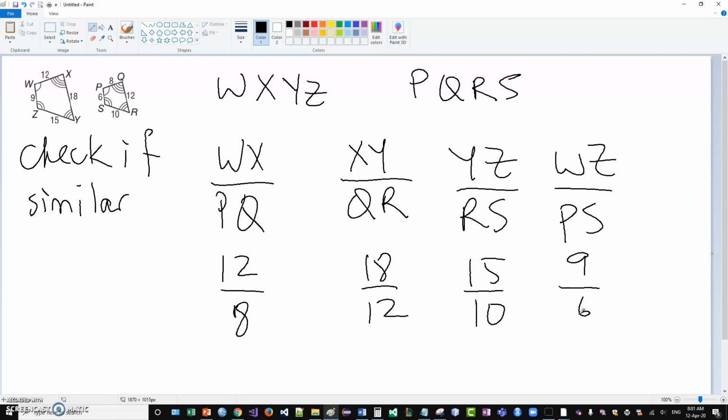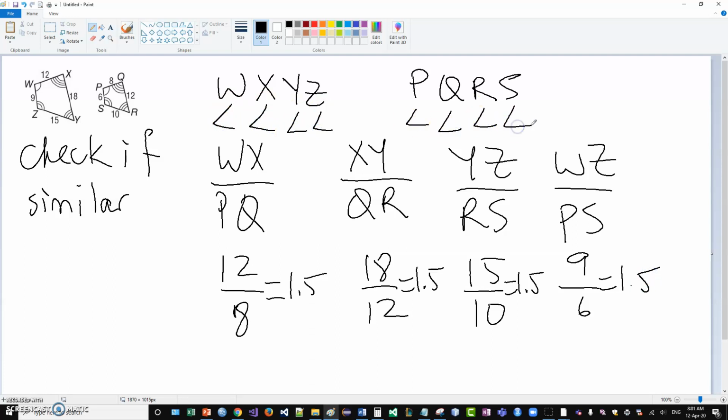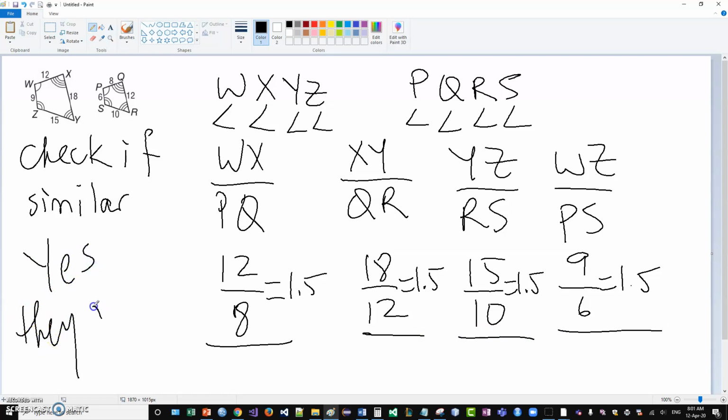If you calculate all these ratios, this is 1.5, this is 1.5, 1.5, 1.5. So since all the angles are congruent and all the sides are proportional, they have the same ratio, we conclude that yes, they are similar.